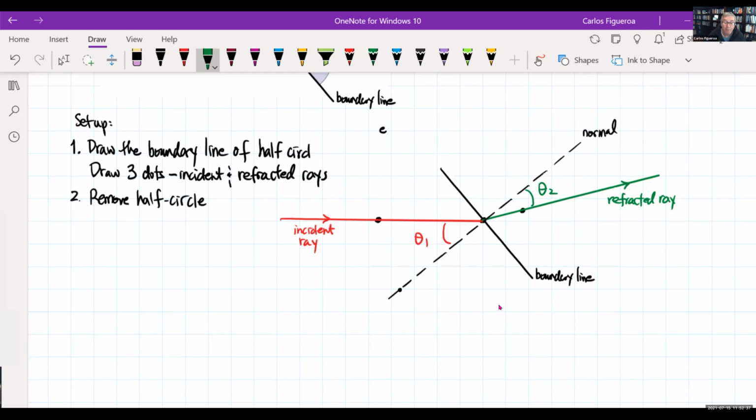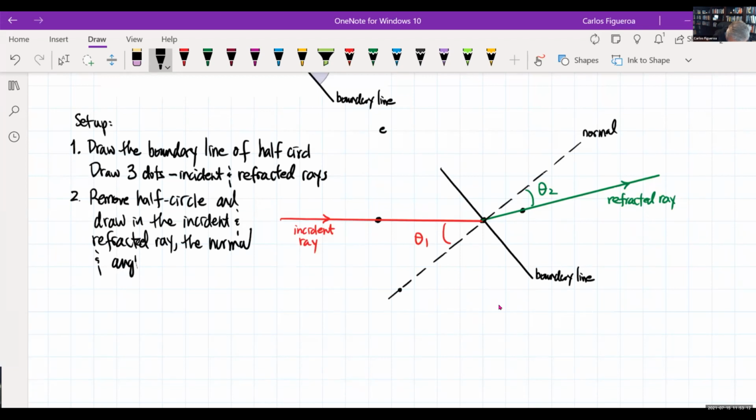So what do I want you to do? Okay, remove the half circle and draw in the incident and refracted rays, and the normal and angles theta 1 and theta 2.